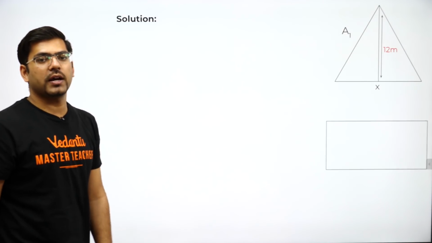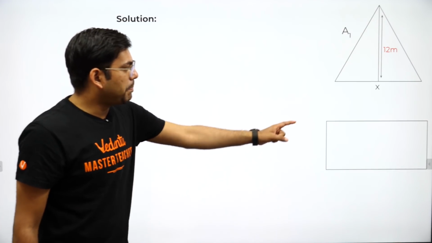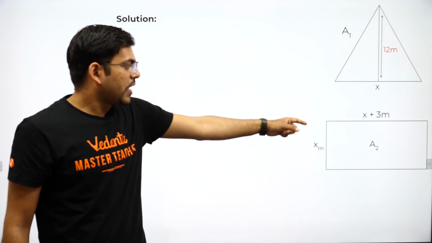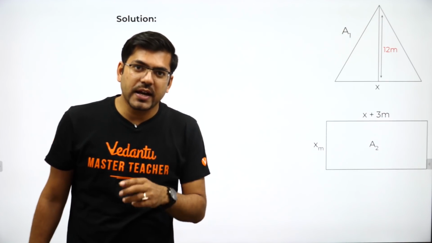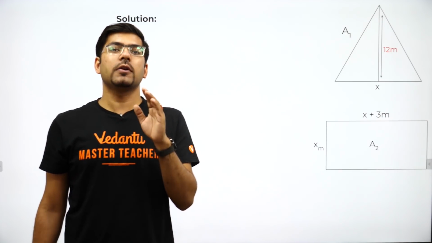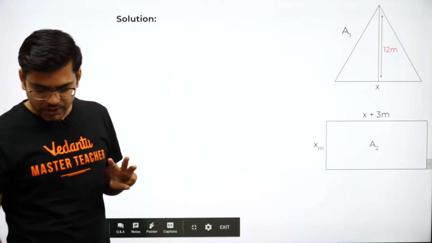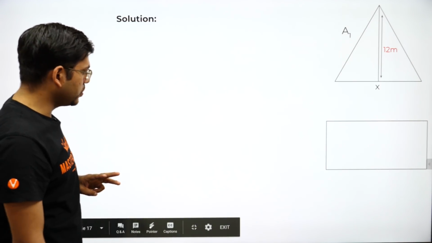Now talk about the rectangle. For this rectangle, breadth would be the same as the base, so I have taken x meters. In the question it was said that the length of the rectangular park is 3 meters more than the breadth. Remember? If you don't remember, I'll just show you.